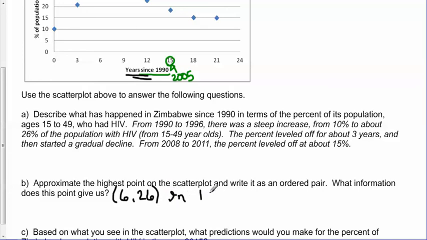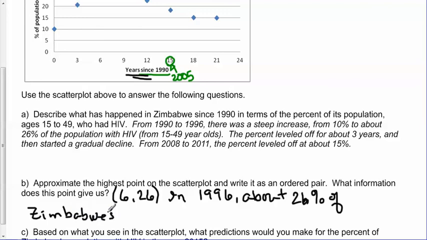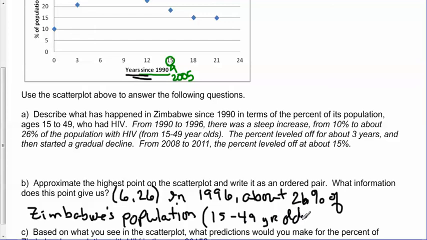So that tells us in 1996, about 26% of Zimbabwe's population, because remember this is about Zimbabwe, and then this is again 15 to 49-year-olds, had HIV. So even an individual little point tells a story, something that we can talk about and get meaning from.